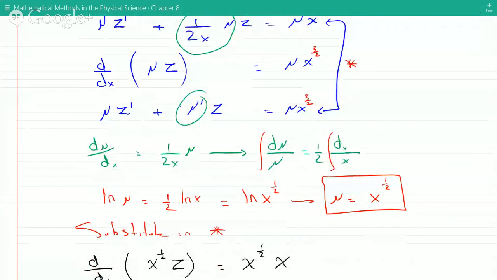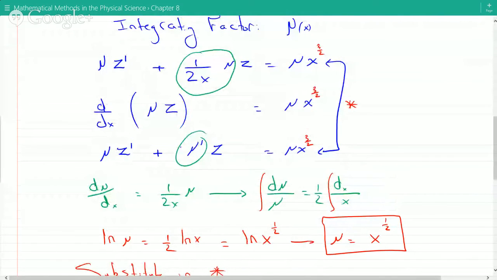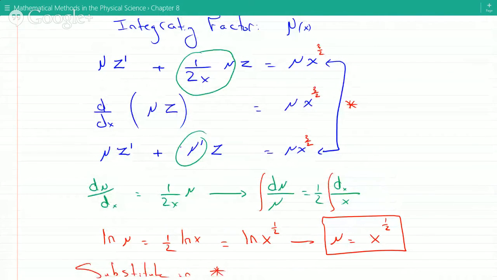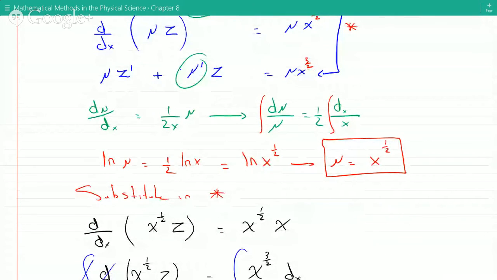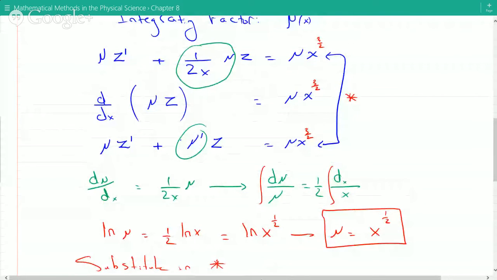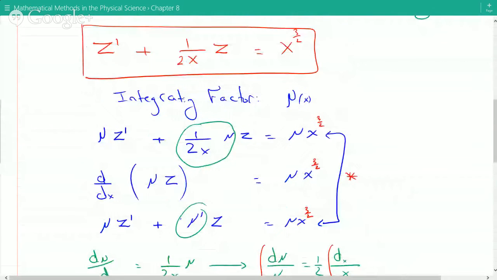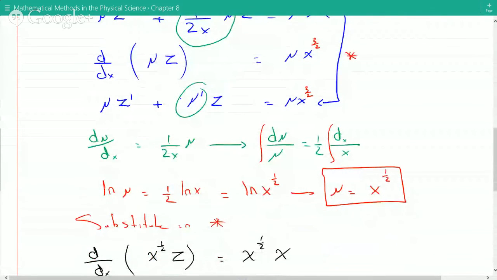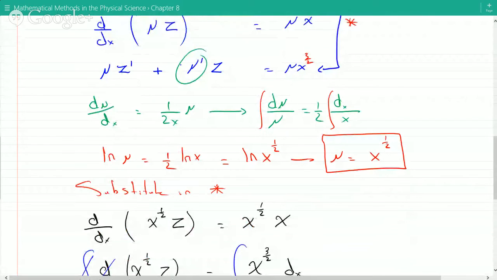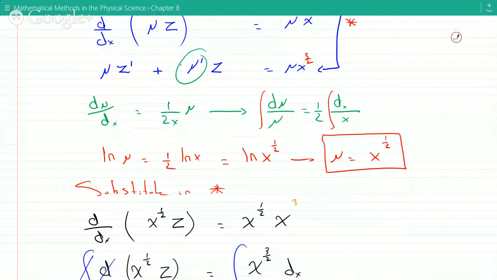So technically this shouldn't be affected, but this 3 halves will.